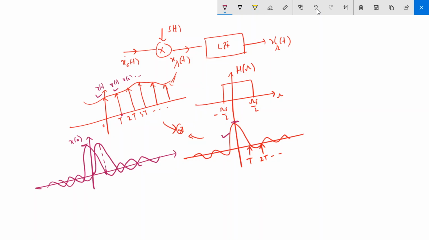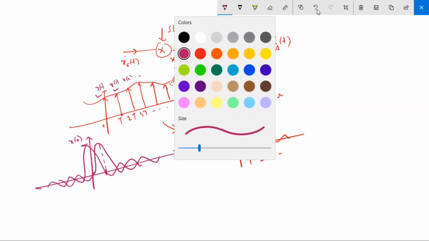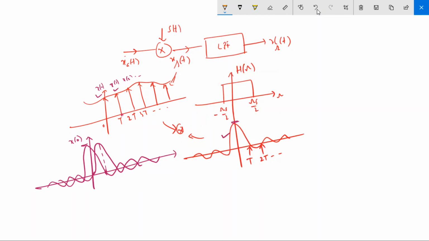Similarly, when you convolve this with this pulse, it will be shifted by 2T. Okay, so you will get another sinc pulse which is centered at this point. So you will get like this, and so on. You will get an infinite number of sinc pulses.